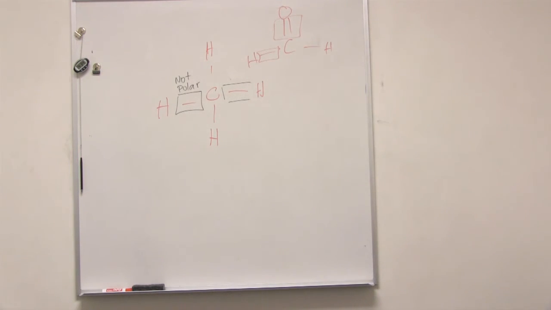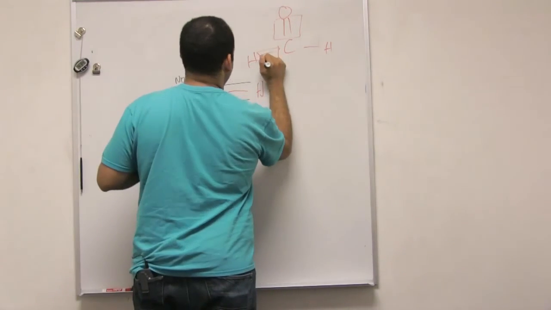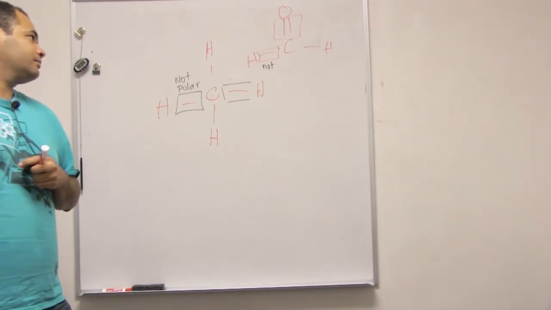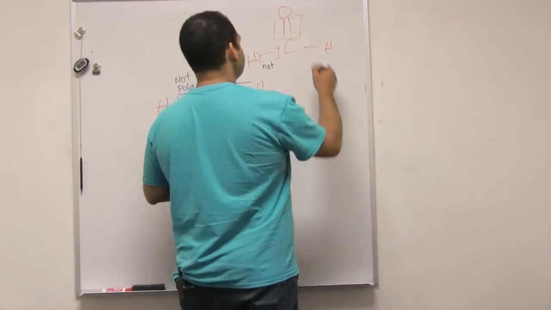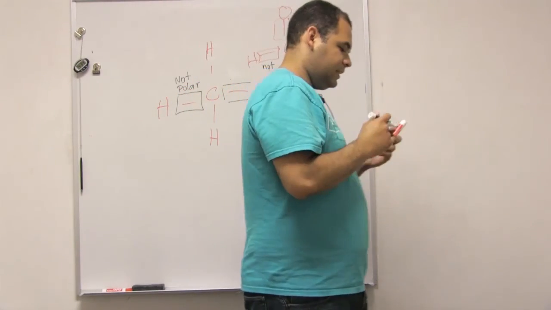Okay, so carbon 2.5, hydrogen 2.1. So the carbon to hydrogen isn't polar, but carbon to oxygen is.